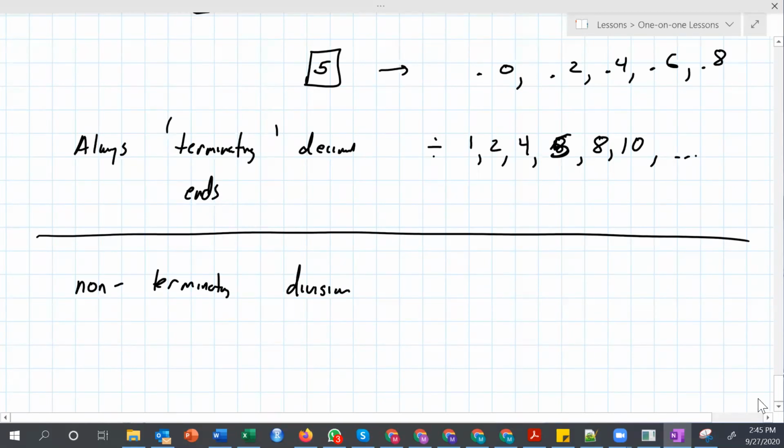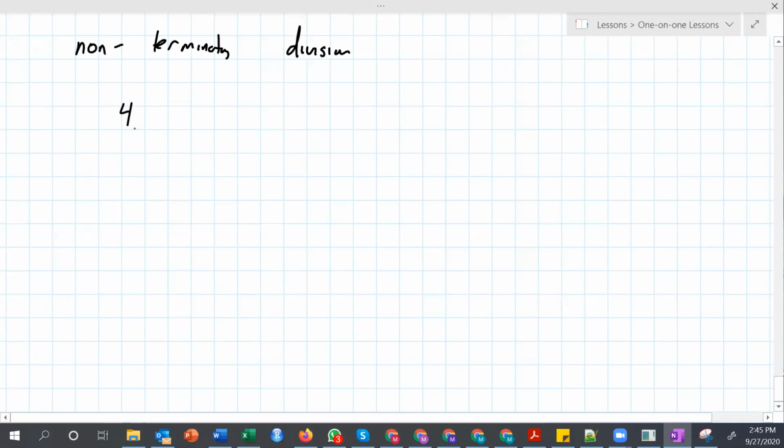Let's say I want to take 4 and divide it by 3. 3 goes outside, 4 goes inside. How many times does 3 go into 4? Once. 1 times 3 is 3. So I bring the 1 and I bring the 0 down. How many times does 3 go into 10? 3 times. 3 times 3 is? 9. I'm going to subtract 1, bring the 0 down.